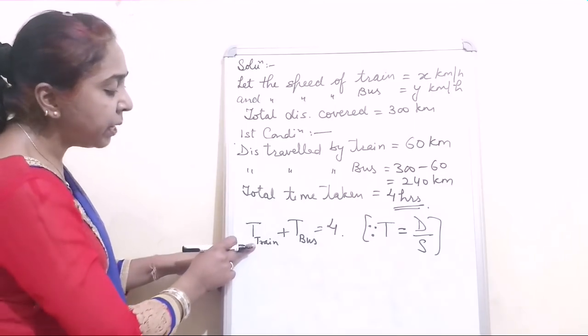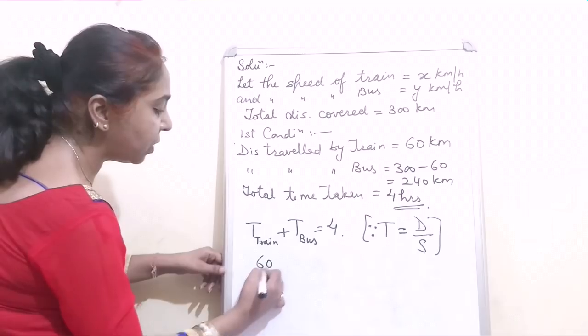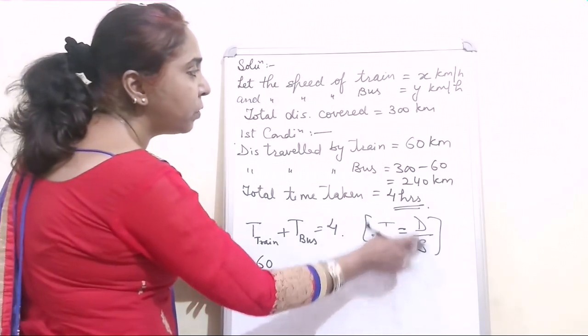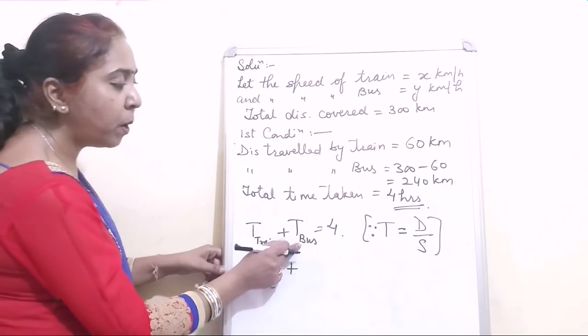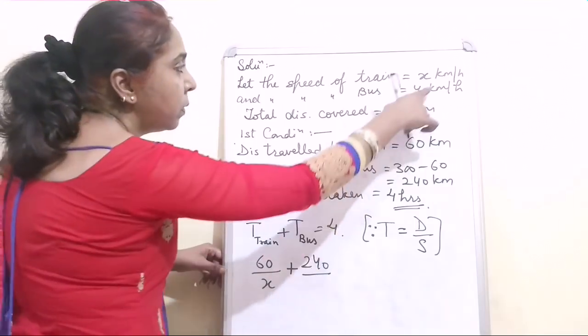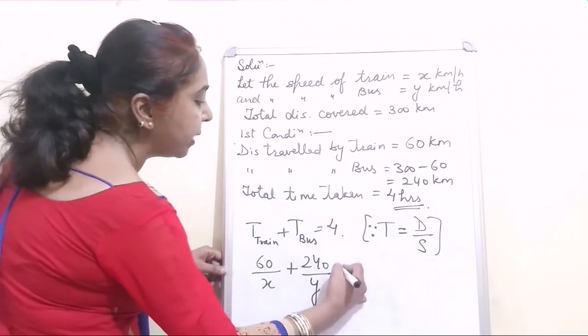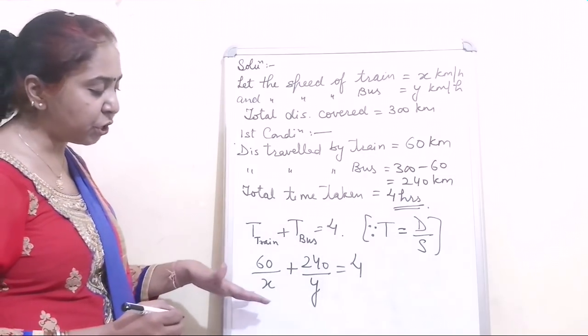And the time taken by the train is the distance covered by the train, that means 60, upon the speed of the train, that means x. Similarly for the bus, apply the formula: 240, distance, upon y, the speed, and that is equal to 4. So this will be your first condition.